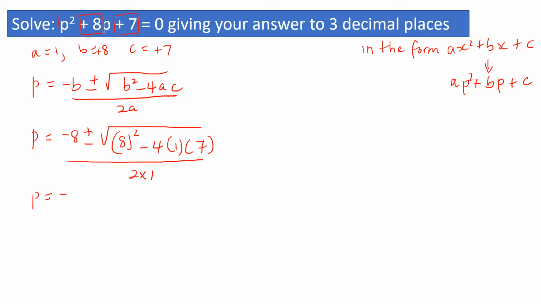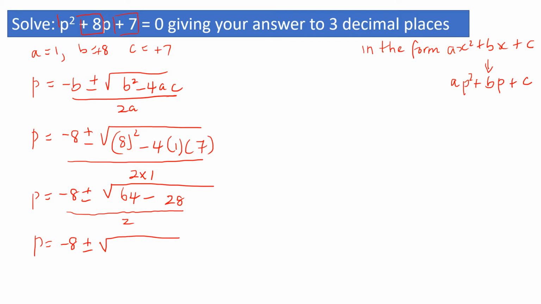So p is equal to negative 8 plus or minus the square root, 8 squared is 64 minus 4 by 1 by 7, that is 28, all over 2. 64 take away 28, we get 36 over 2. Now we know the square root of 36 is 6. So p is equal to minus 8 plus or minus 6, over 2.